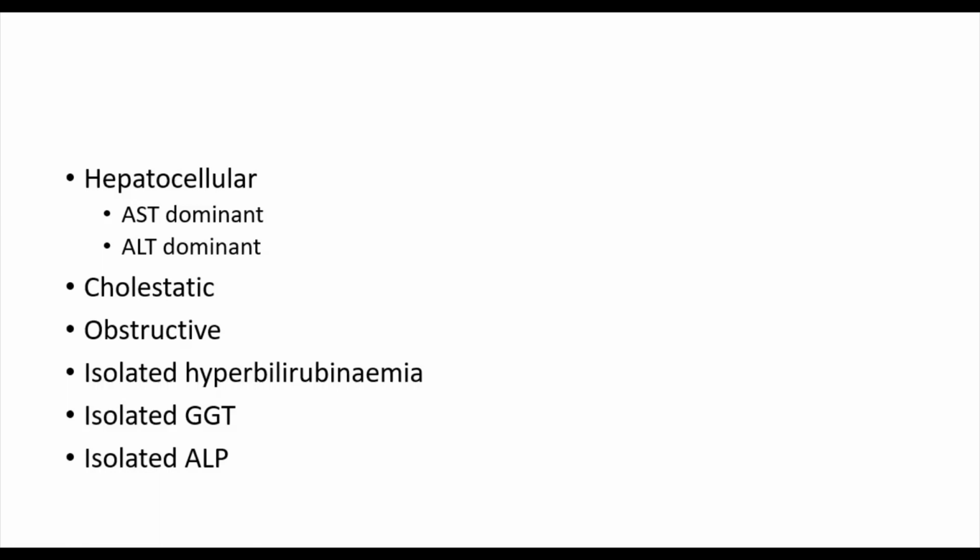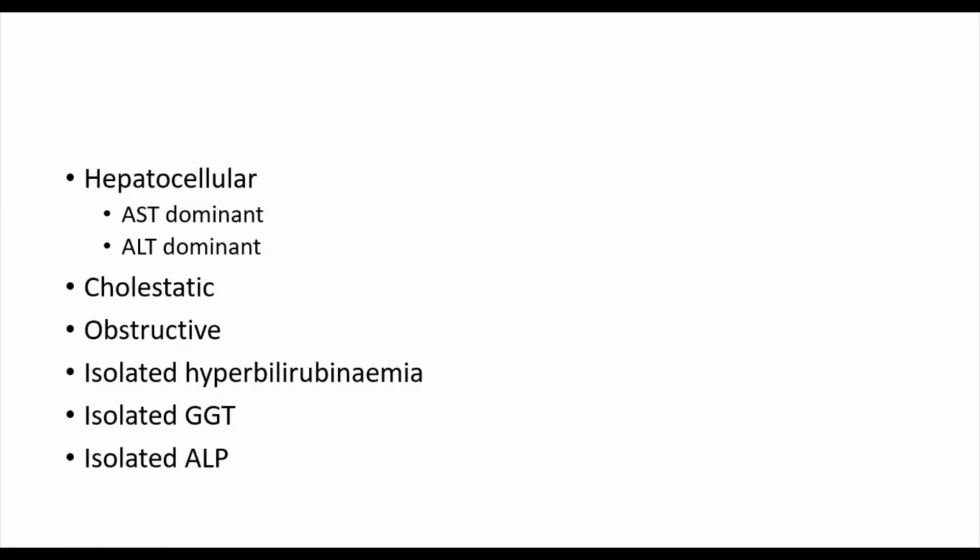If the LFT derangement is predominantly in ALT and AST, this is considered a hepatocellular LFT derangement. If the derangement is predominantly in ALP and GGT, this is considered a cholestatic LFT derangement. And this is because the liver enzymes have different respective locations as previously discussed.